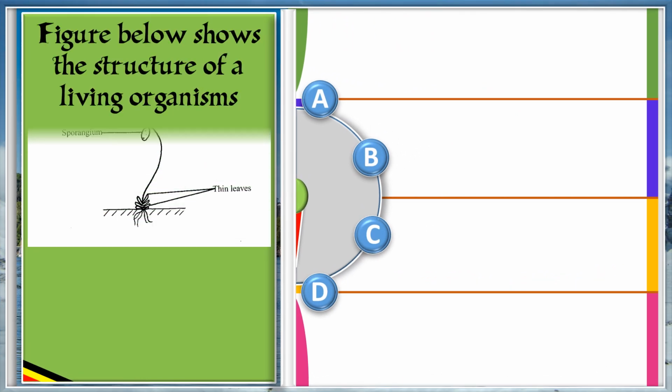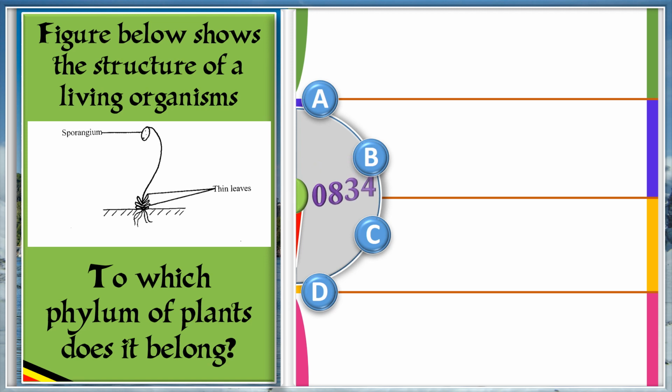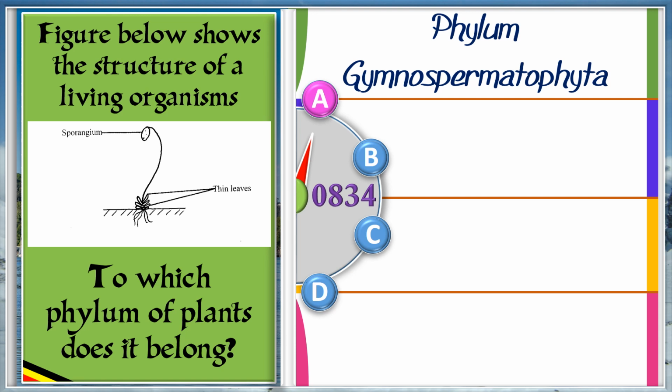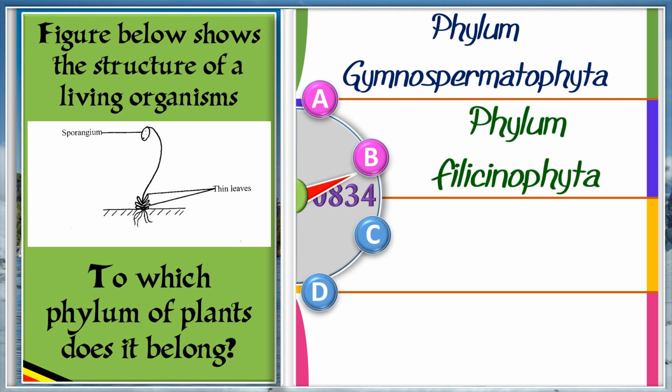Figure below shows the structure of a living organism. To which phylum of plant does it belong? A, phylum Gymnospermatophyta. B, phylum Filicinophyta.